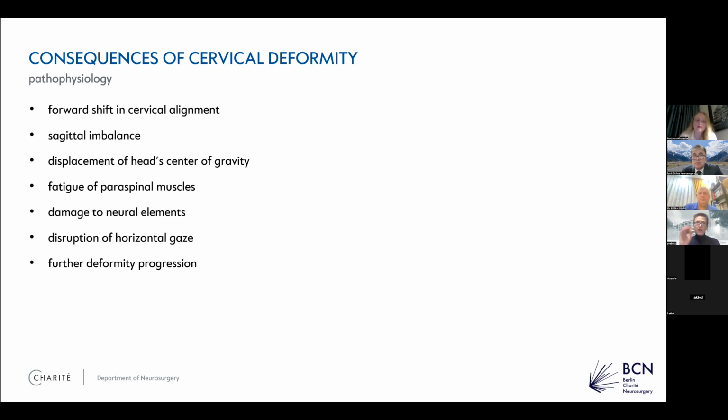But in the end, the further the head is going in front of the gravity line, the more the patient will look on the floor, and the gaze of the patient is really a main driver of the different compensatory mechanisms along the whole spine. And furthermore, once the patient is getting into cervical deformity or cervical kyphosis, it's very likely that this is going to progress over the years.